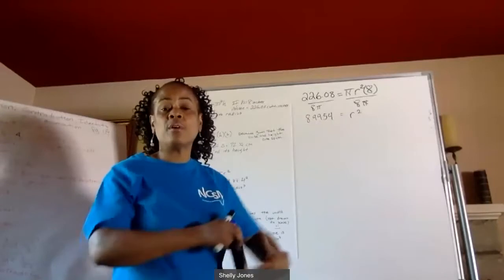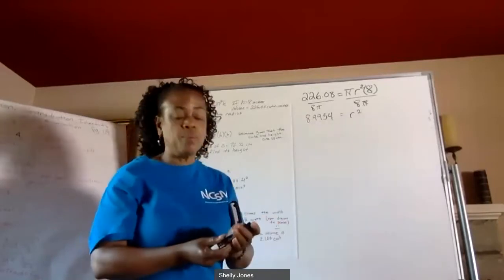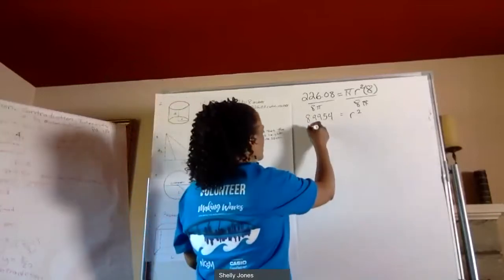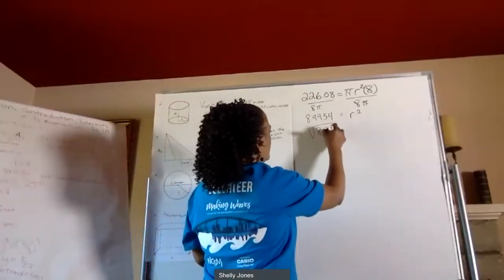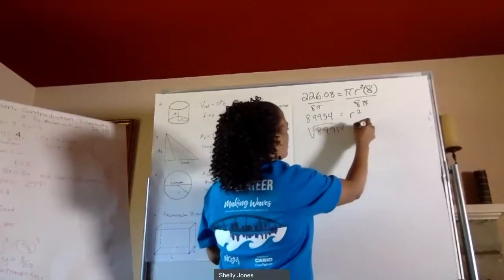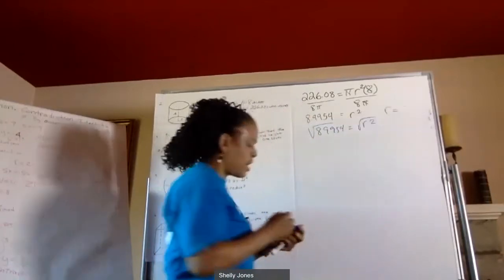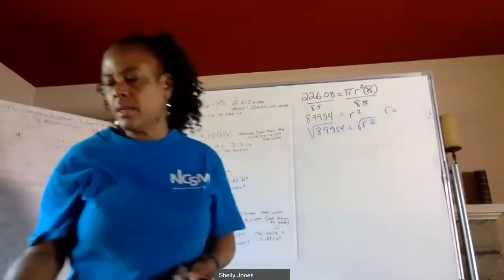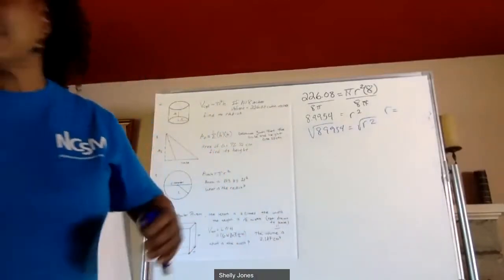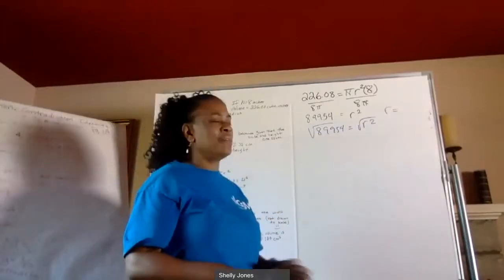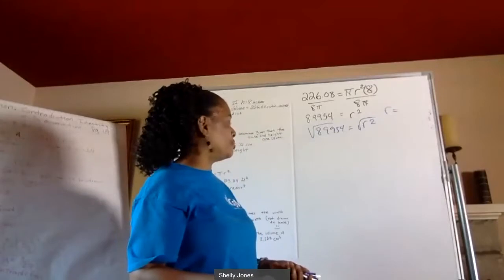So the square root of 8.99954 equals the square root of r squared, and over here I'm going to get my answer, r equals something. Think about it: 8.99954 is really close to 9.